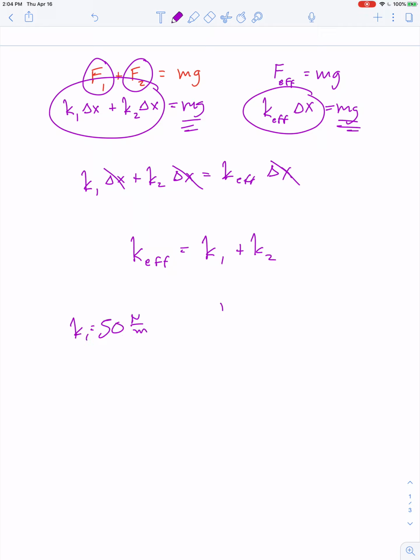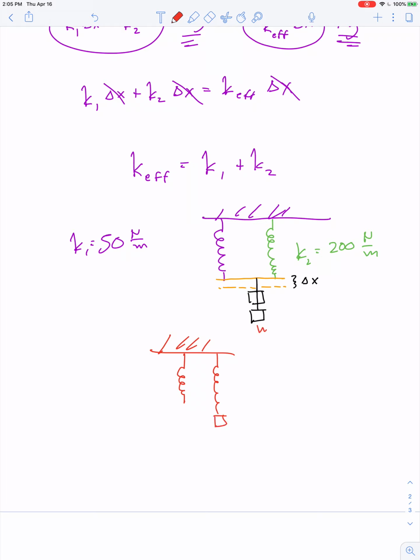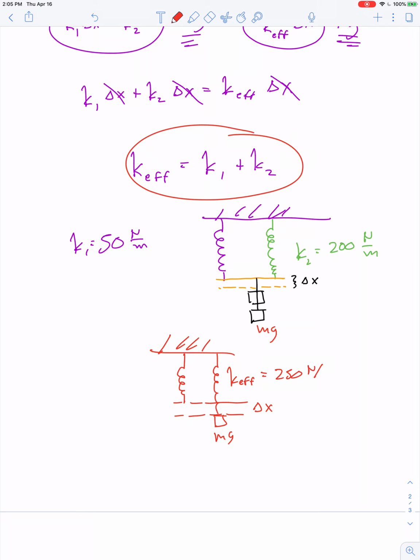And there's this value of delta x. Well, is there another spring that when put under a load of the same value, same mg in both cases, would have the exact same value of delta x? Yeah. And the effective k value of that singular spring would just be, according to this formula, 250 newtons per meter.